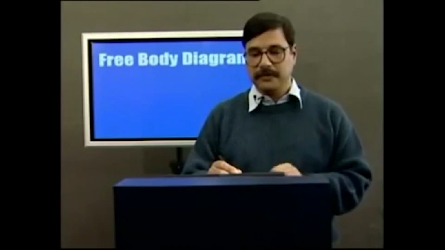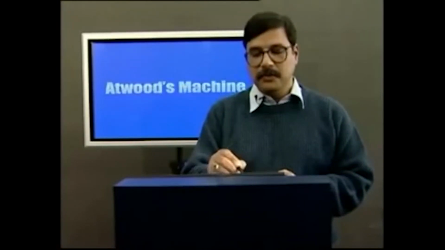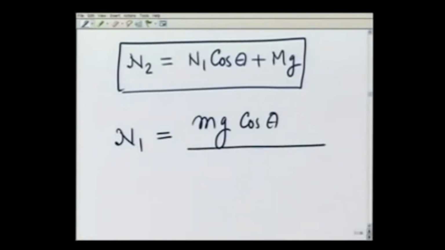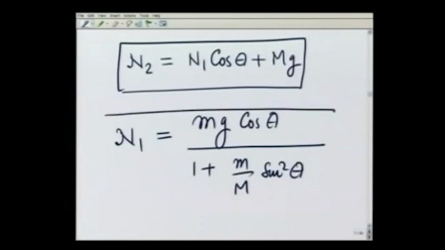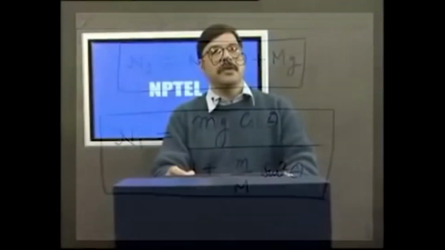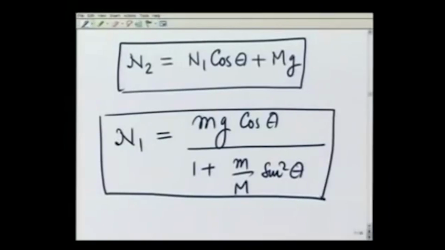I'll leave the solution and substitution for you, and give you the final answer: N1 is equal to mg cosine of theta divided by 1 plus m over M sine square theta. Once I know N1, which is a constant quantity here, I can calculate all the other quantities, x1 double dot, x2 double dot, y2 double dot, and their integrated forms, the velocities and the displacements, easily.